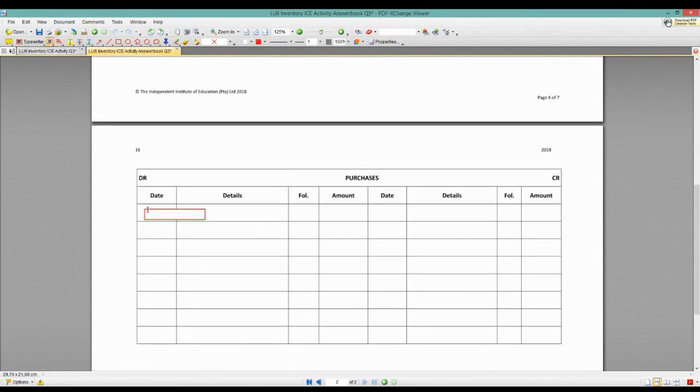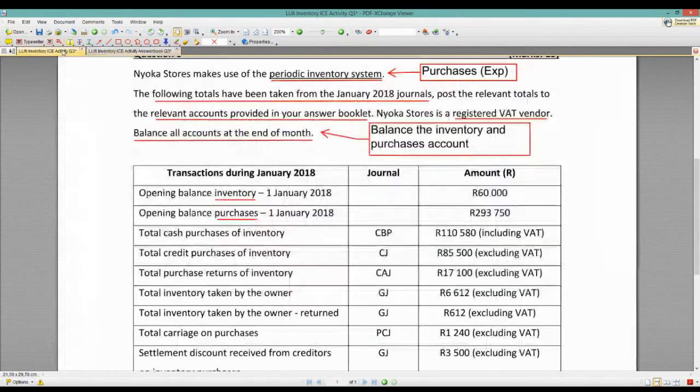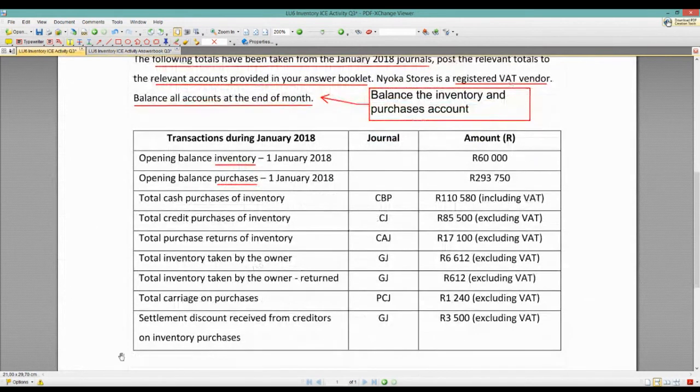So our balance here would be on the 1st of January, we would have a balance brought down, $293,750. Okay, so this is just accounting for the opening balances. Now let's look at the rest of the information that was provided to us.